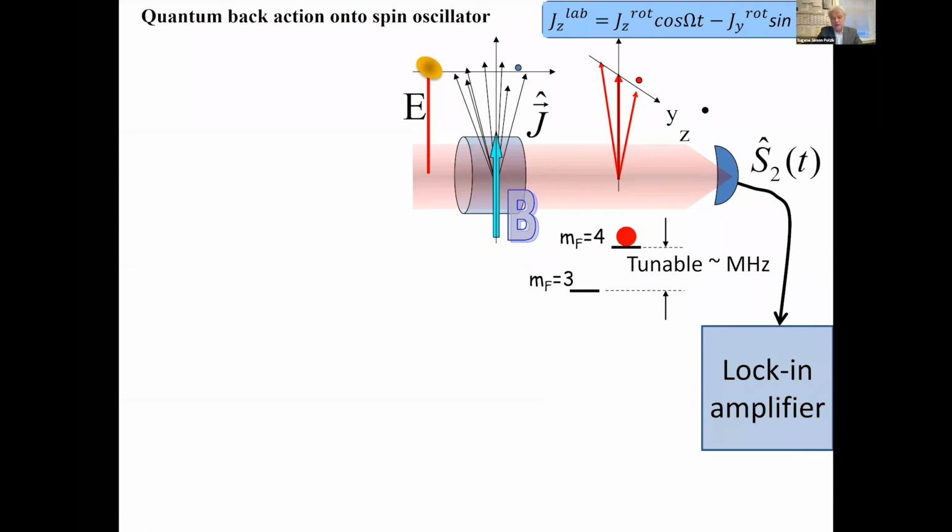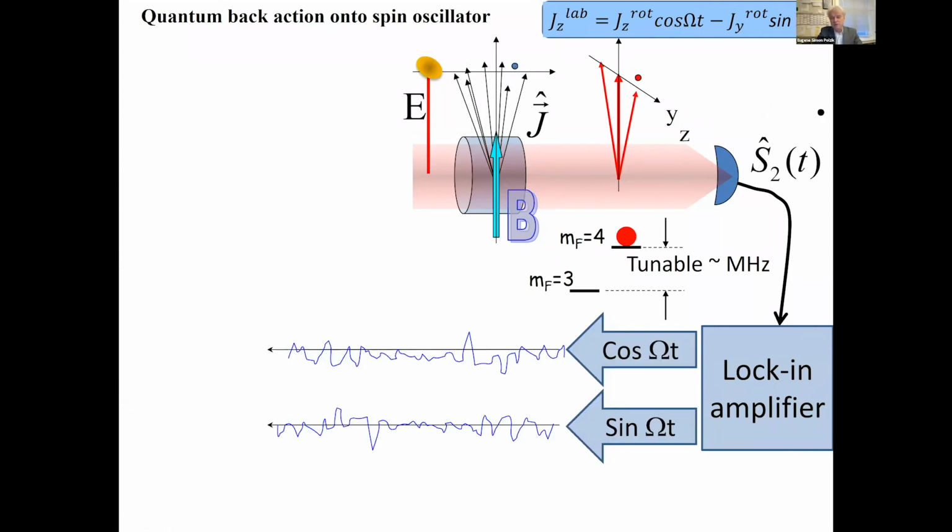And lo and behold, you will be able, simply with a lock-in amplifier, to measure the cosine and the sine components of those oscillations, which will correspond to the measurement of the projections of the spin in the rotating frame.